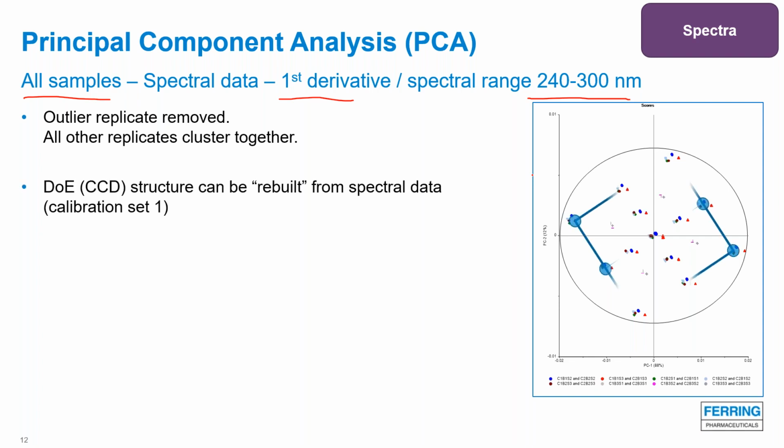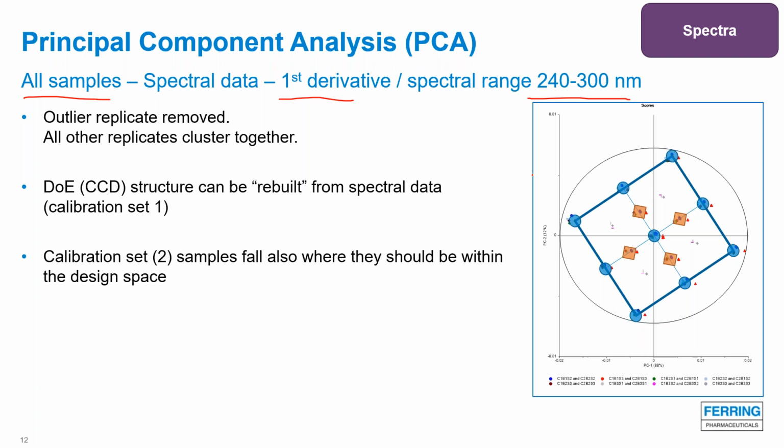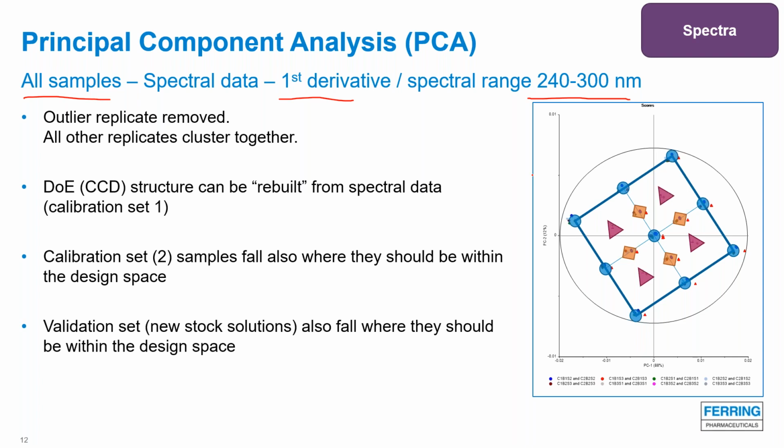And as you see, again, we can rebuild the structure of the design of experiment, but we can also see that the calibration set 2 samples are falling exactly where they should be within that space. And the validation samples, as you remember, were produced using new stock solution. They also fall where they should be within the design space.